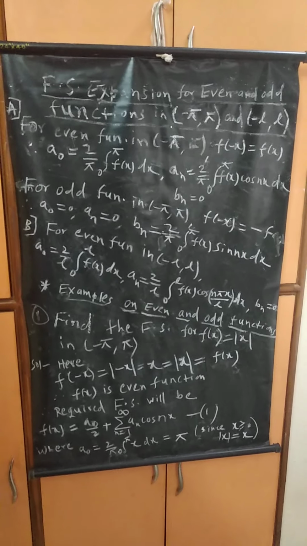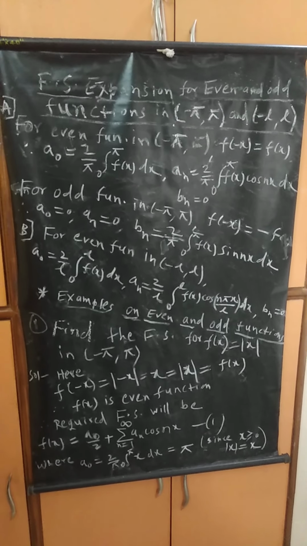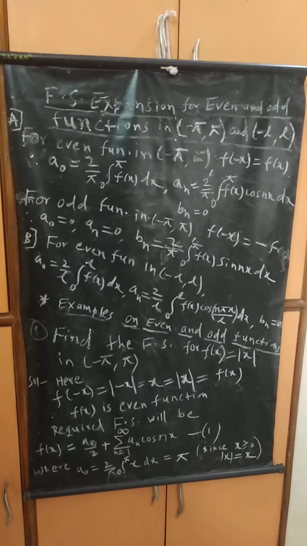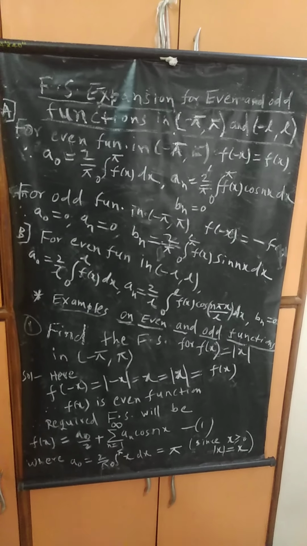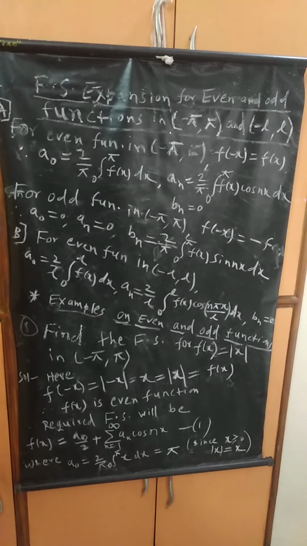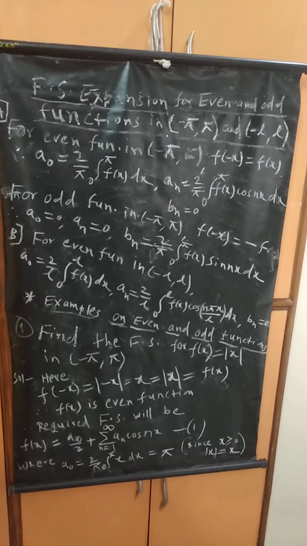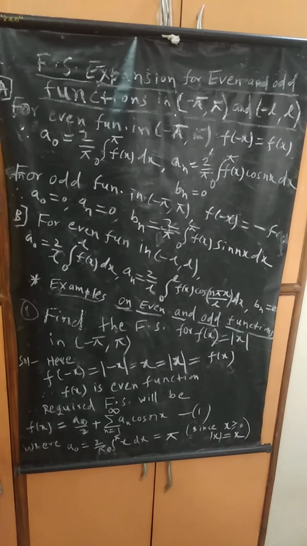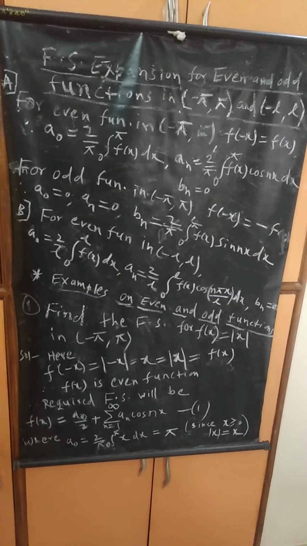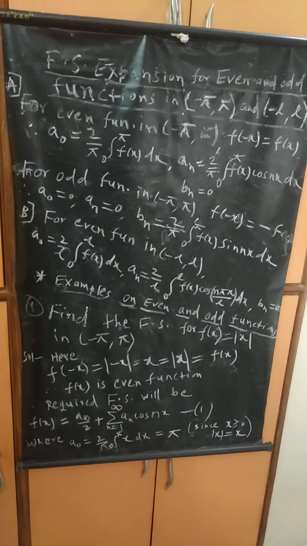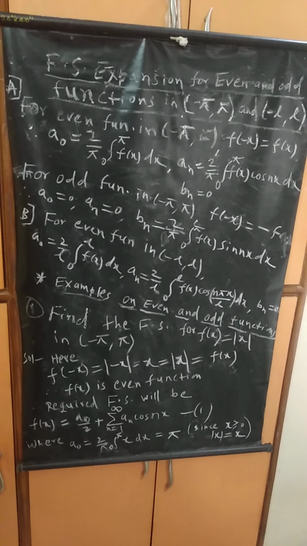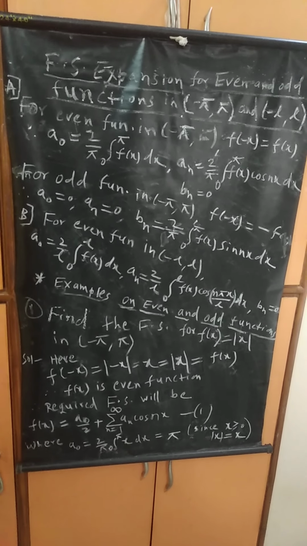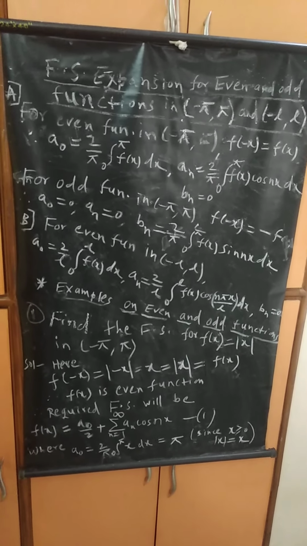And even and odd functions can be checked only in the intervals minus pi to pi and minus L to L. Here the intervals 0 to 2 pi and 0 to 2L are not workable, and therefore we will see the Fourier series expansion for even and odd functions in only the intervals minus pi to pi and minus L to L. So here we take the reference from the properties of definite integration.